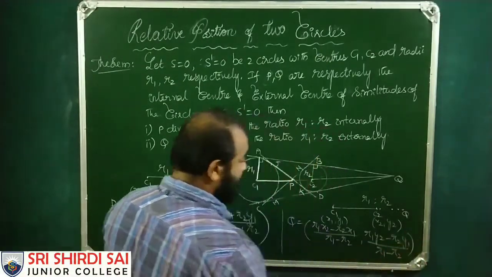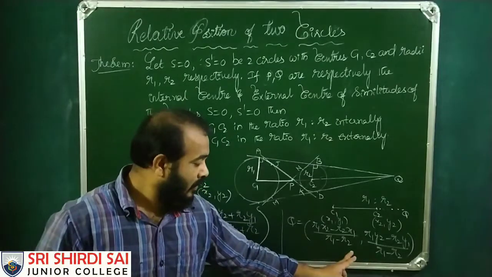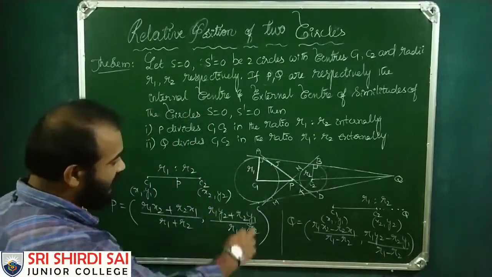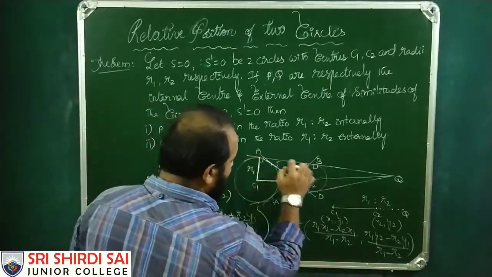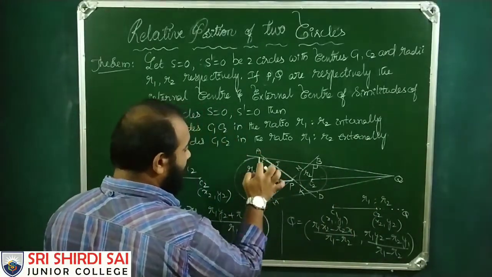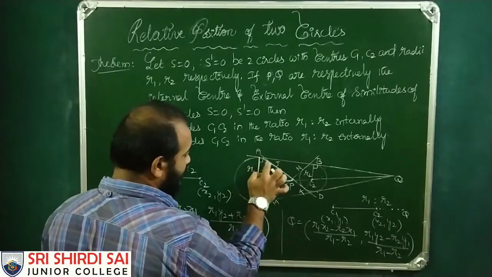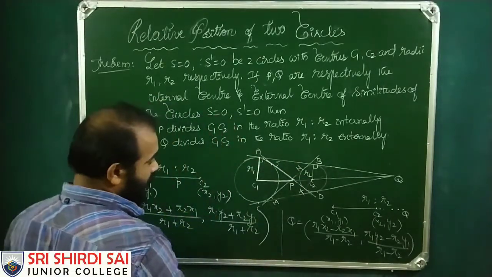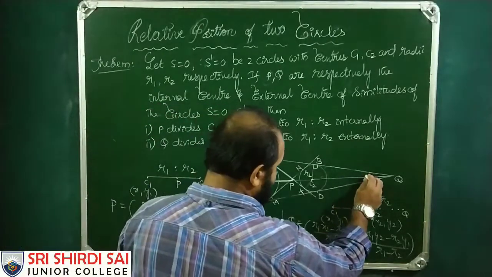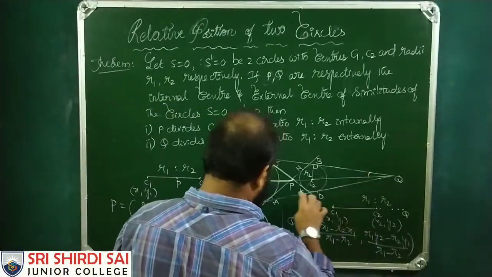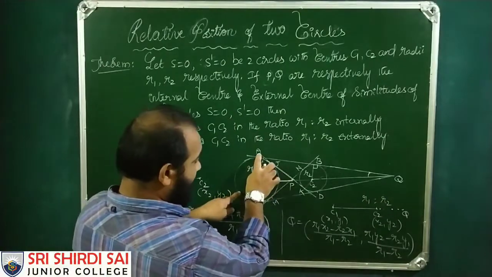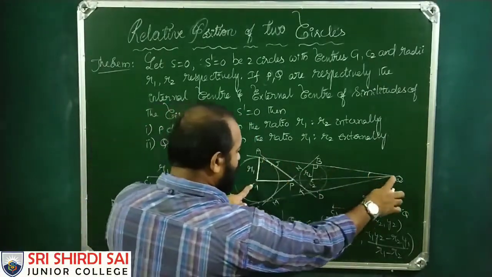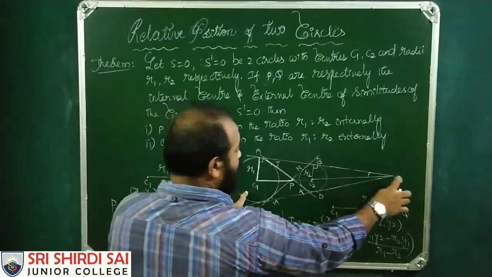We will be using this while solving problems, simply because, see this: this is the common tangent and this is the radius, so these two are perpendicular to each other. Taking this for both circles, see triangles C1AQ and C2BQ.